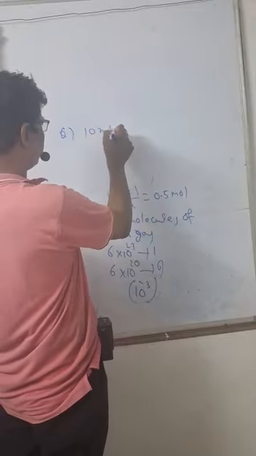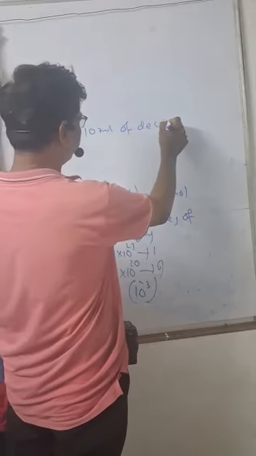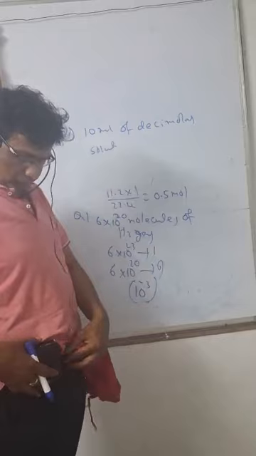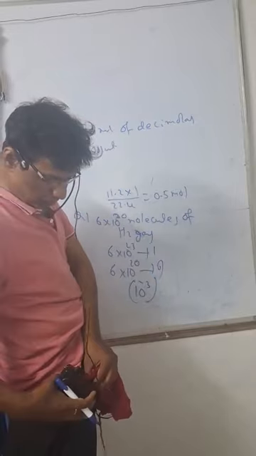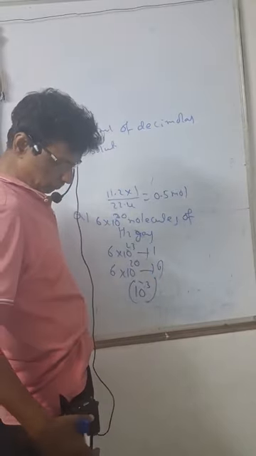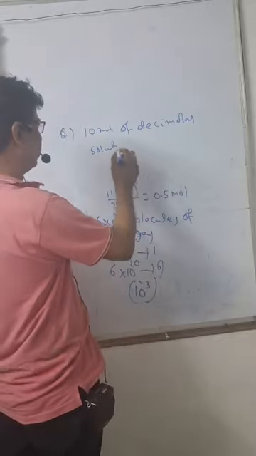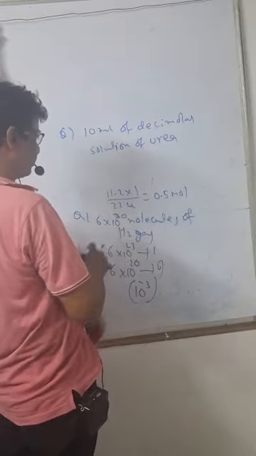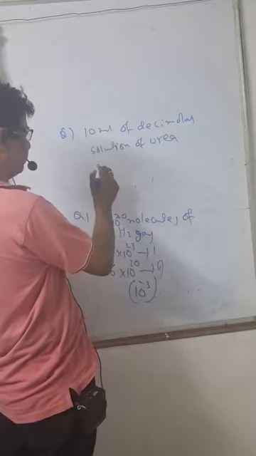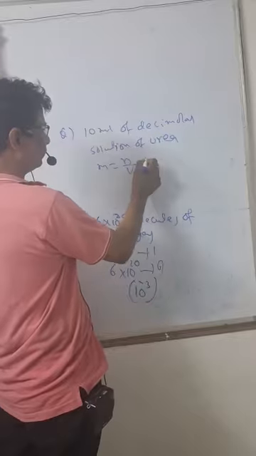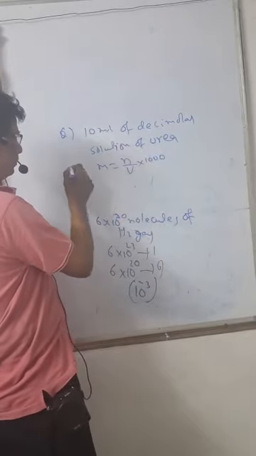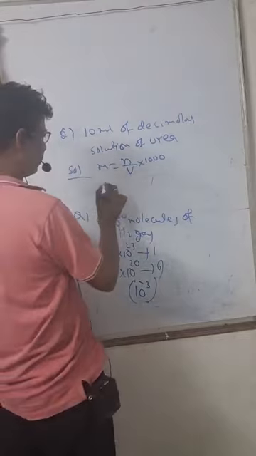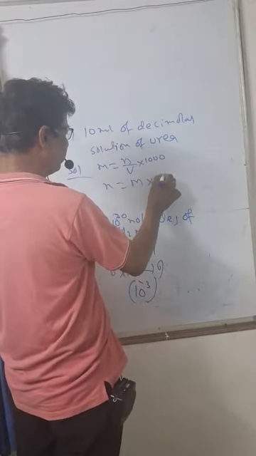10 ml of decimolar solution of urea. How many moles? Do you know molarity? Number of moles per liter. This formula, we are finding number of moles. n is equal to M into capital M into V by 1000.